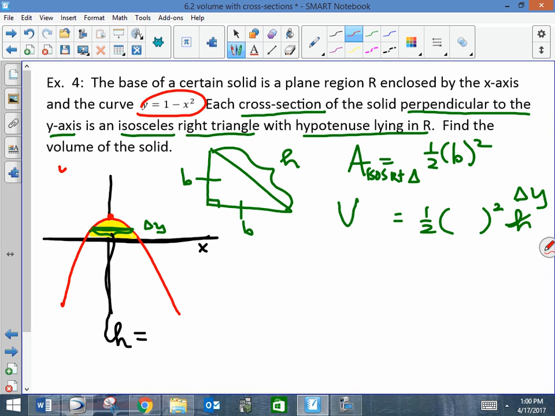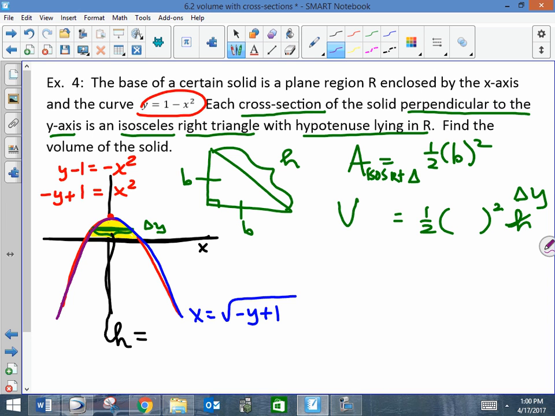So y minus 1 equals negative x squared. X squared equals negative y plus 1. So x equals, what's this piece? Radical negative y plus 1. And this piece, negative radical negative y plus 1.